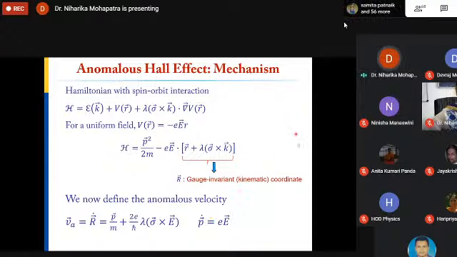This concept was first given by Karplus and Luttinger, but later on there was much confusion with that. It was not well taken because they had not taken care of the skew scattering and side jump scatterings. Later on, it was shown that there are some issues with this, and it cannot completely specify the anomalous Hall effect.